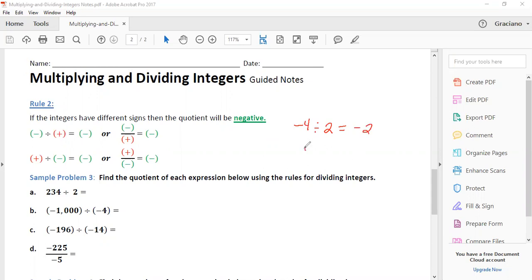If I have positive 4 divided by a negative 2, my answer is negative 2. So if my signs are different, my division answer will always be negative. If my signs are the same, my division answer will always be positive. That's the exact same rule for multiplication.